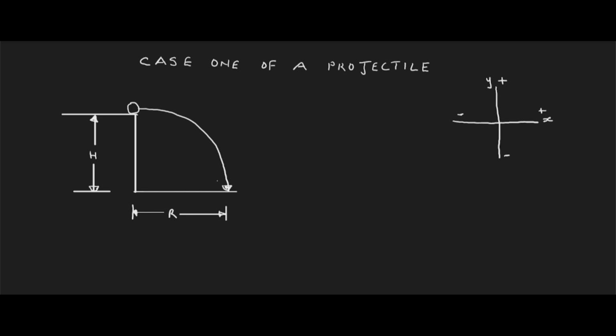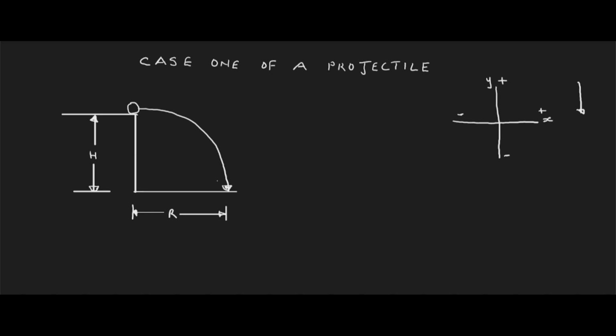Now, in a projectile motion, we take our acceleration due to gravity negative, and the reason why we take it negative is that acceleration due to gravity is acting downward like this, and because it's acting downward, it's acting towards the negative side, so we take our acceleration due to gravity as negative.